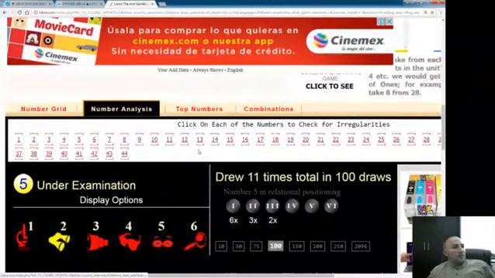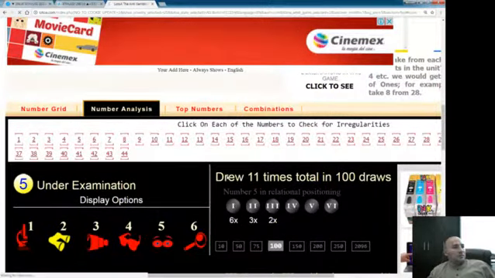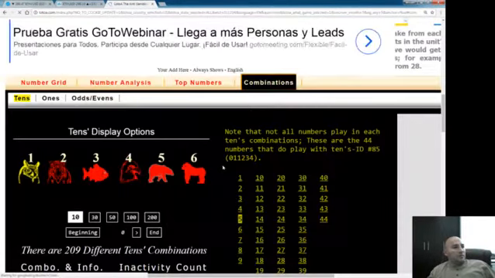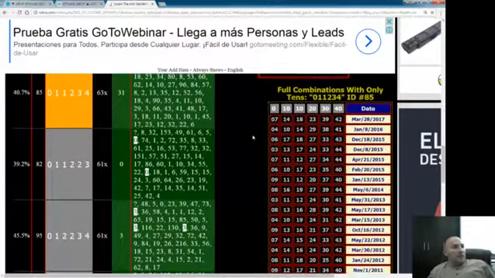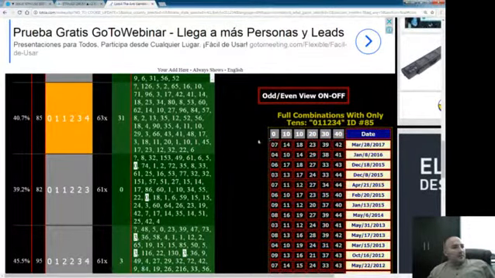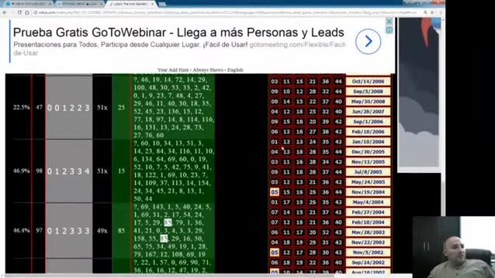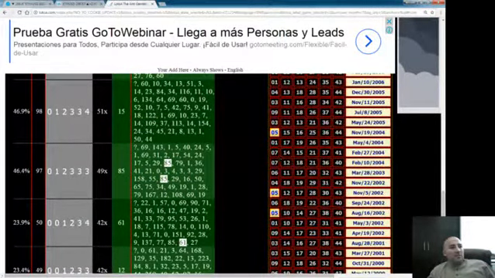And now we have this 5. Let's go back to combinations. Now only the 5s are selected, right? Because that's probably your favorite number. You're just looking at it to see if you can win with it.